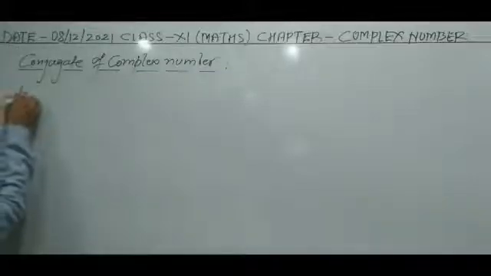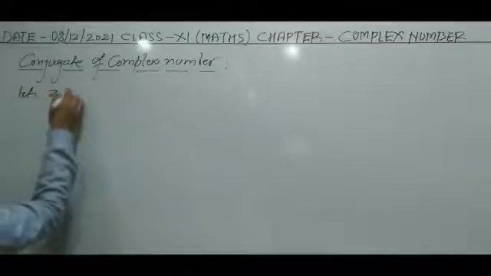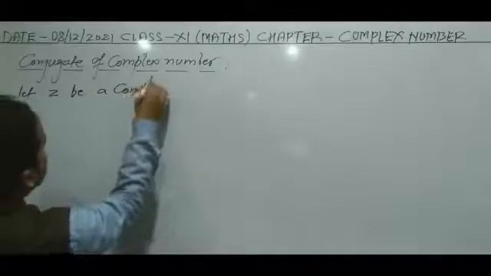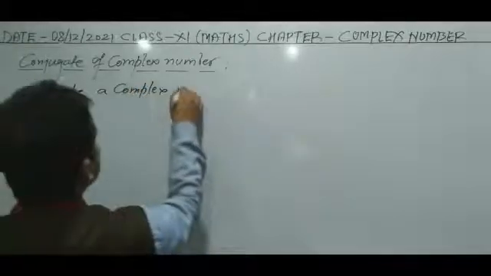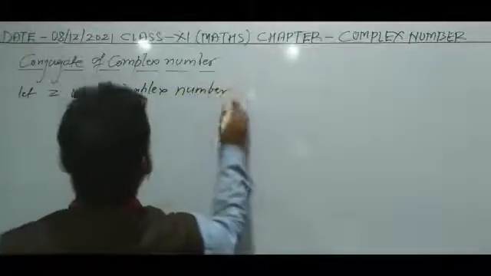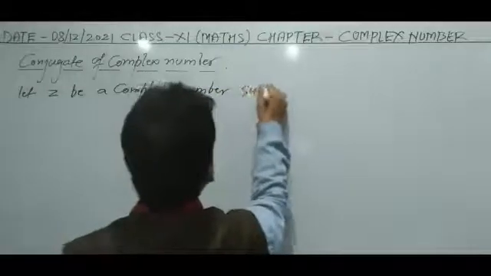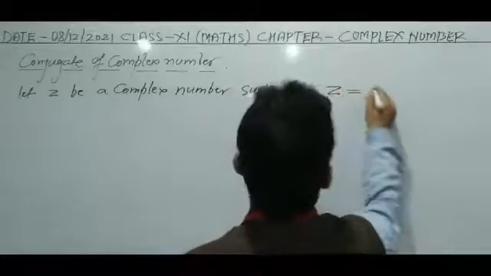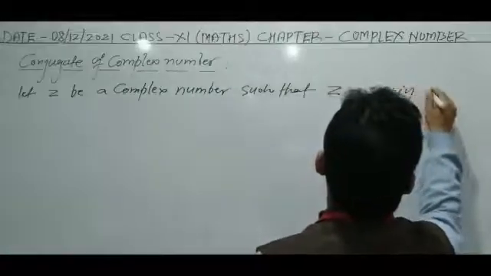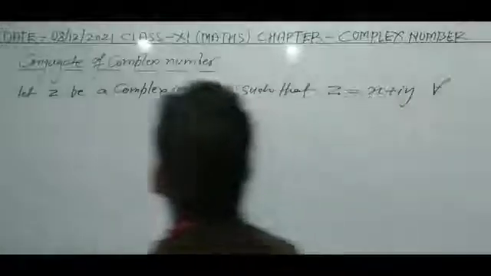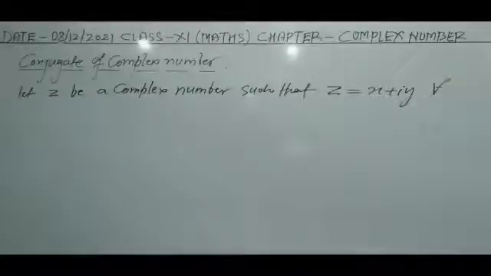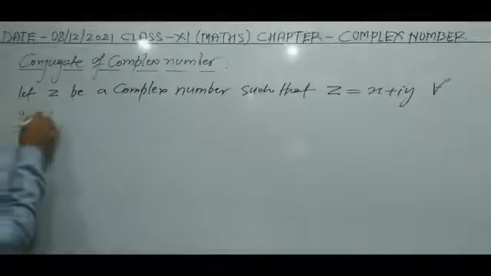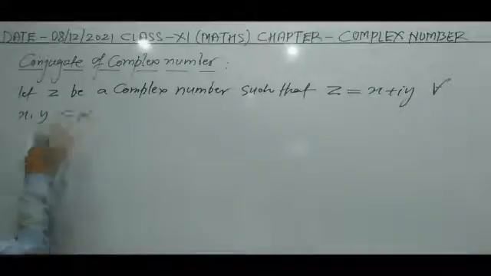Let Z be a complex number such that Z is equal to x plus iy for all x, y belongs to real.